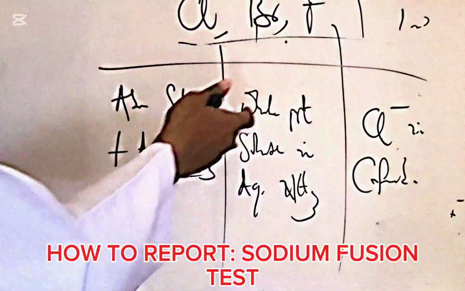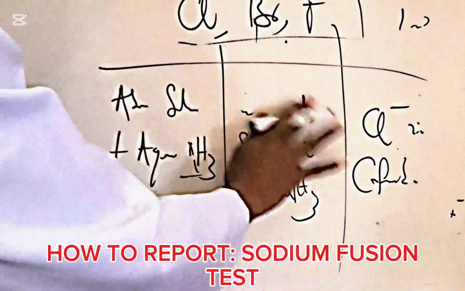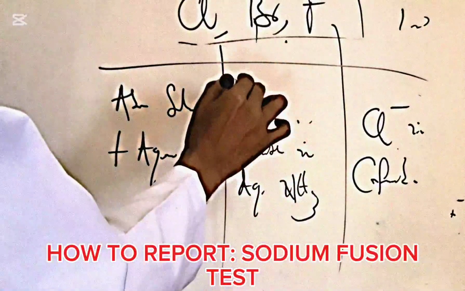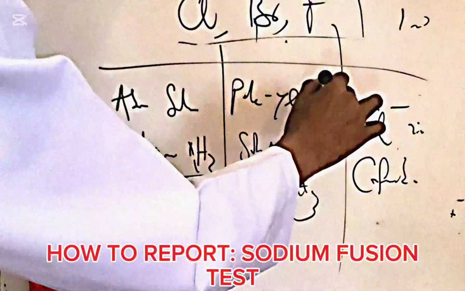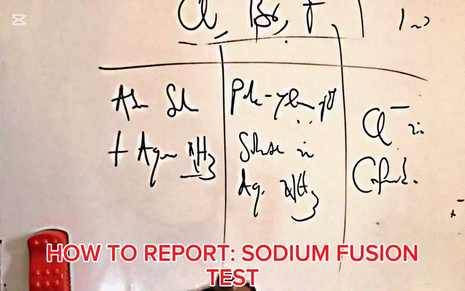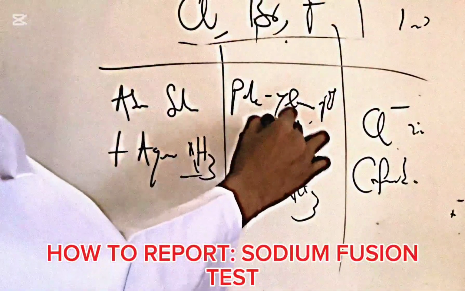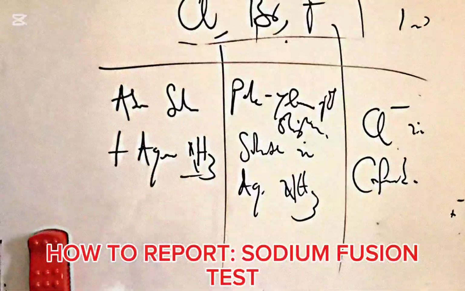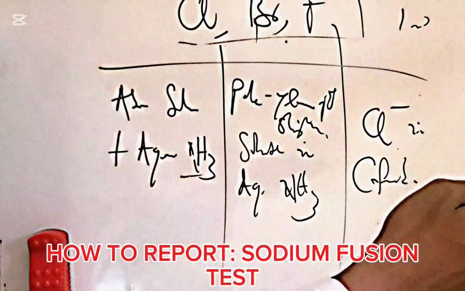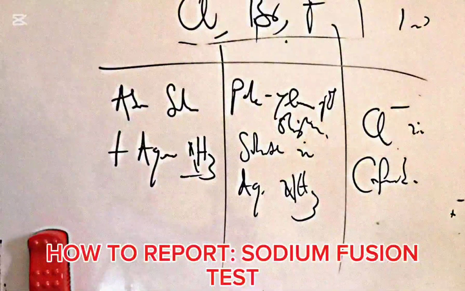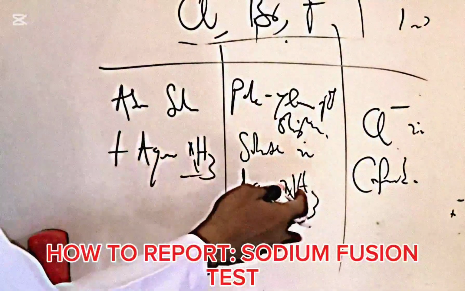But if you probably had, let's say, a pale yellow precipitate in the previous one, and it was slightly soluble, because pale yellow precipitate is due to the bromide ion, and it is not readily soluble, it's slightly soluble.